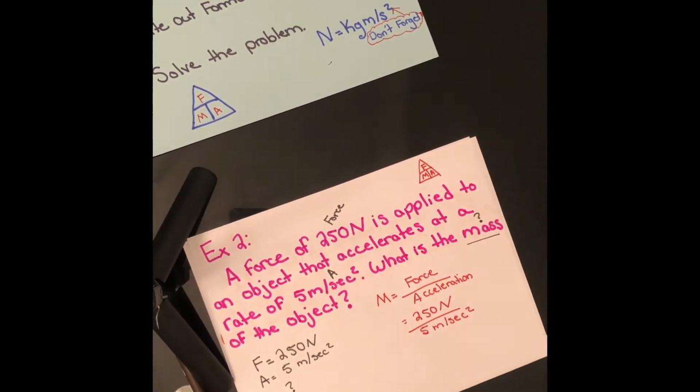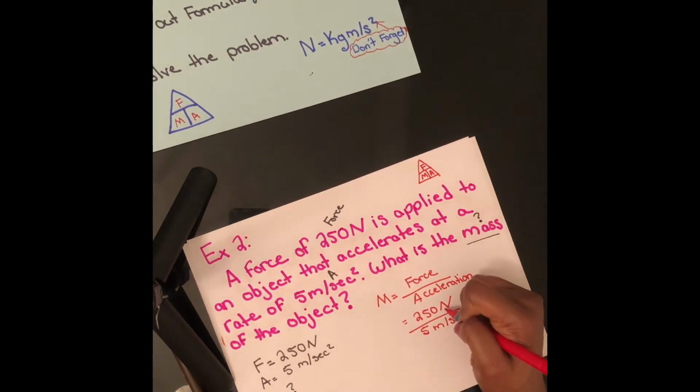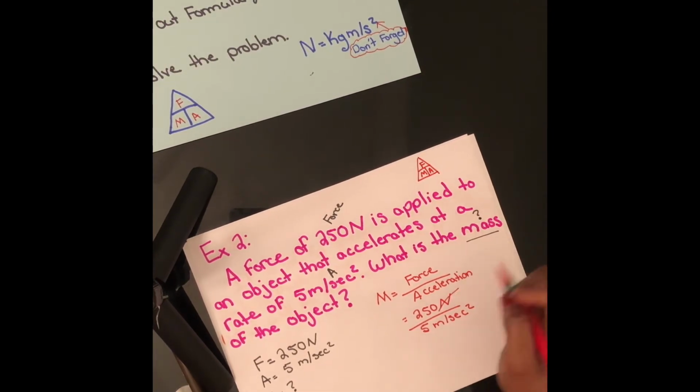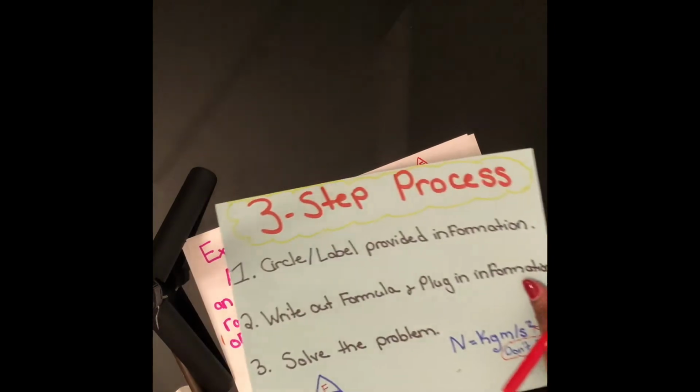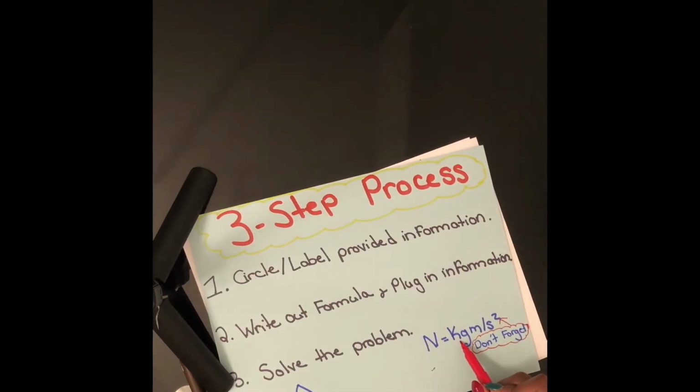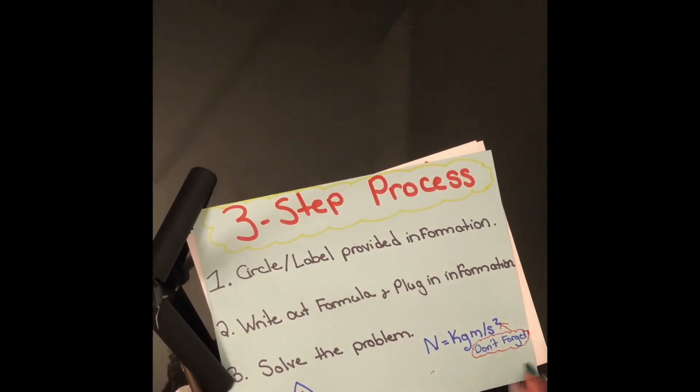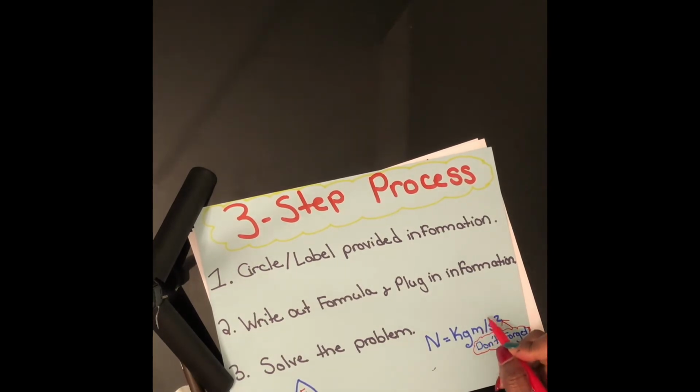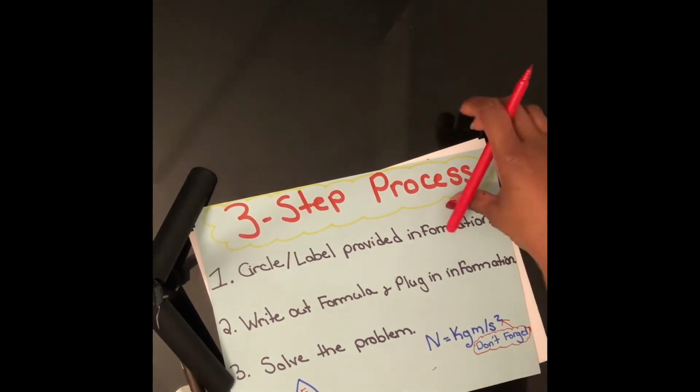Now before we divide, we cannot divide with this Newton sitting right here. We first have to convert that. According to our notes before, Newton is the same thing as saying kilograms per meter second squared.